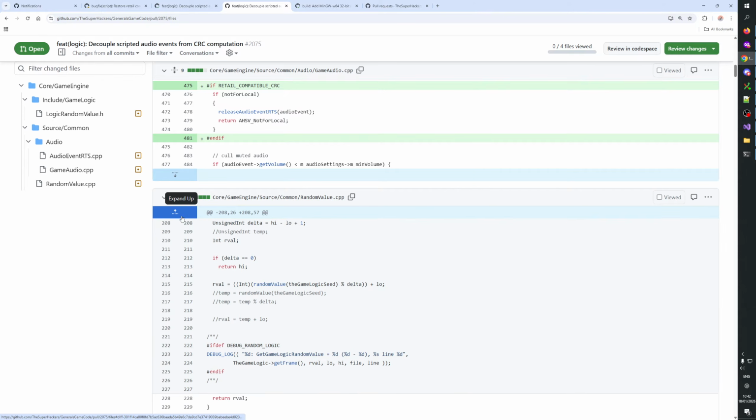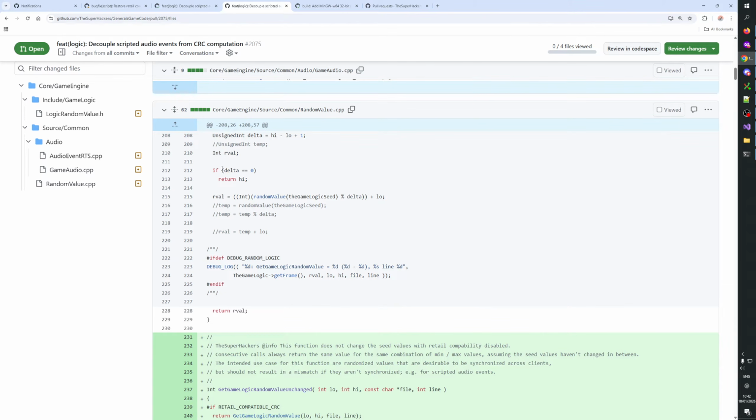Let's compare this with the original. So the original is delta equals 0. Return high. If the delta is 0, high minus low plus 1. Delta is 0.